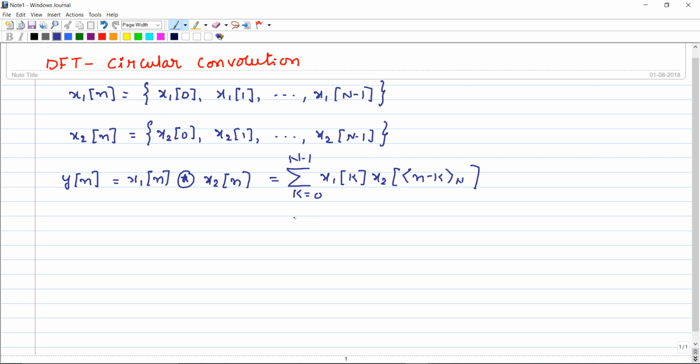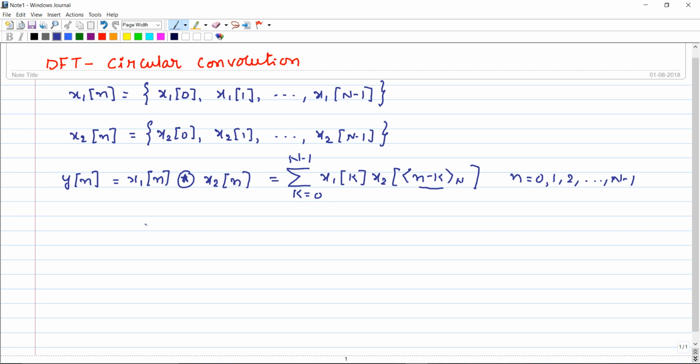Here also n varies from 0 to n minus 1. So note that we have to use the modulo operation.